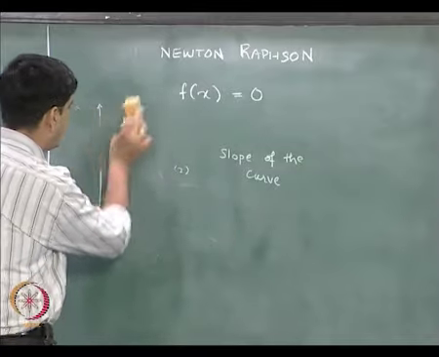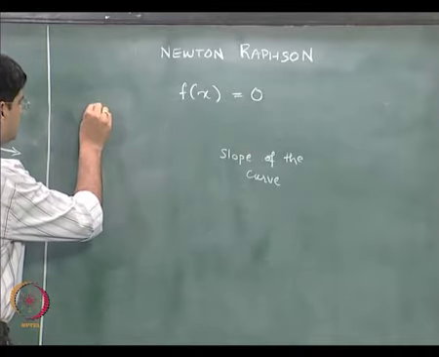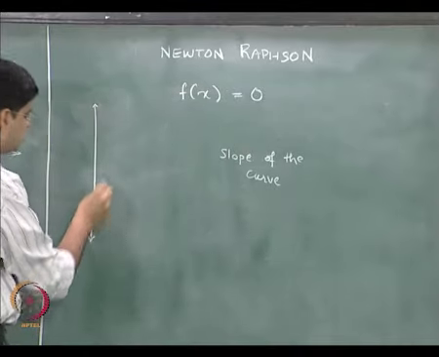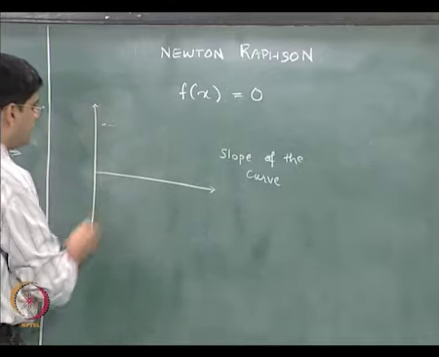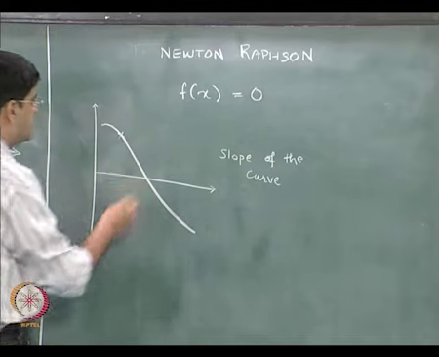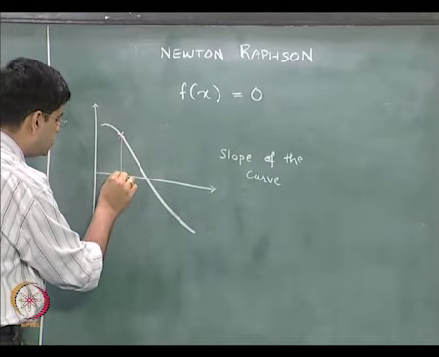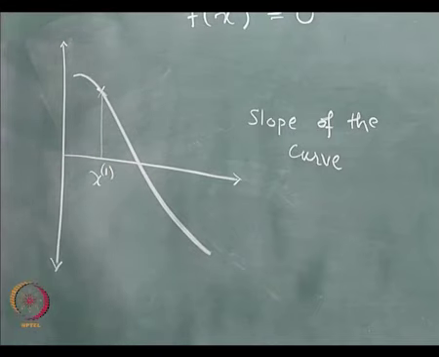In the Newton-Raphson's method we do not start with two solutions, but just like fixed point iteration we start with only one initial guess. This is our x1.